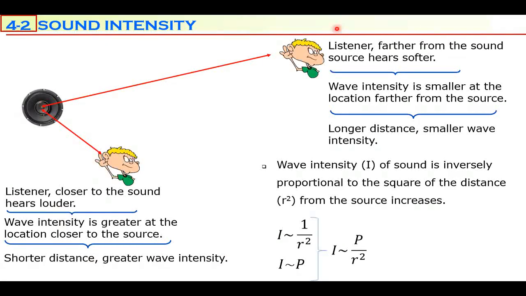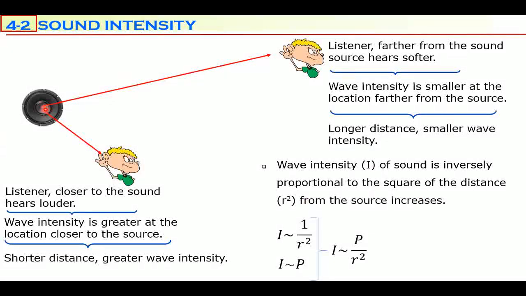But a listener farther from the sound source hears a softer sound, which means wave intensity is smaller at the location farther from the source. So longer distance, smaller wave intensity. Then I can say that wave intensity is inversely proportional to the square of the distance, not the distance, but the square of the distance, R squared.